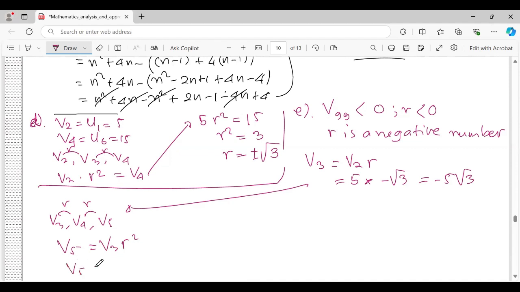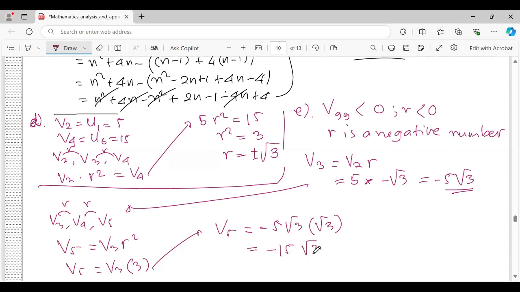So V5 equals V3 multiplied by 3. So V5 equals minus 5 square root 3 multiplied by 3, because V3 is this one. And it's going to be minus 15 square root 3. This is V5.